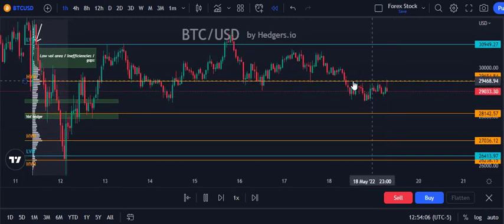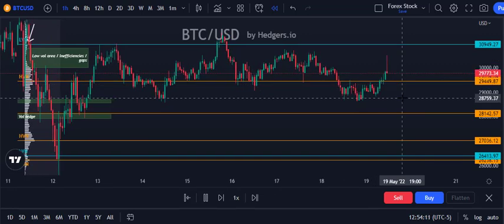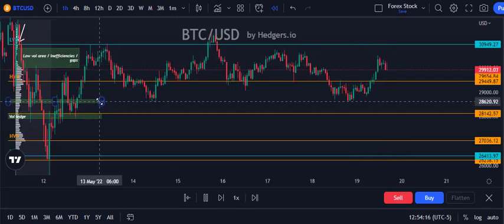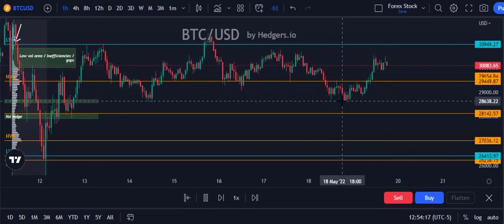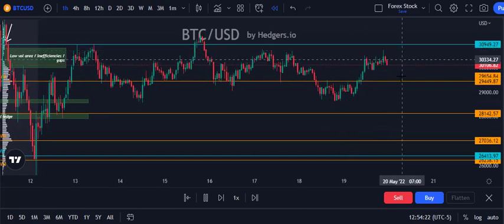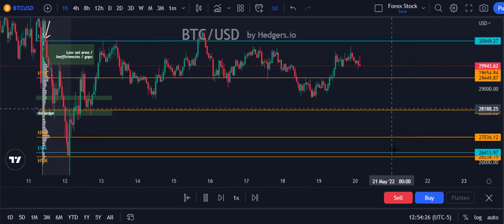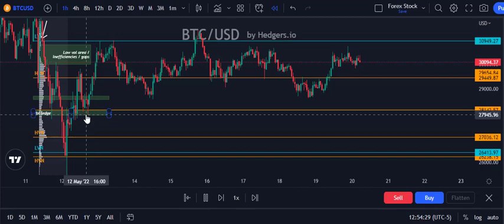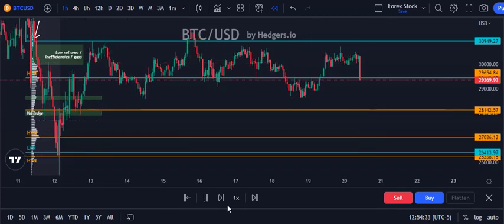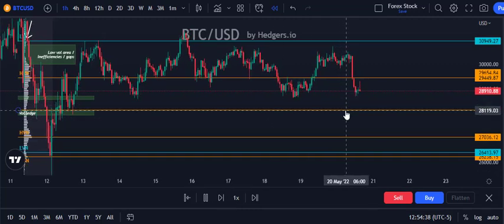Resistance, acting as a resistance. Okay, this ledge is working really well. I want to see what the reactions are below this volume ledge and this and this. Probably this is going to happen now.